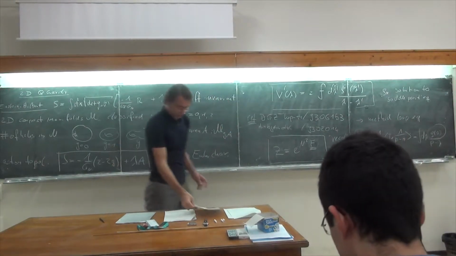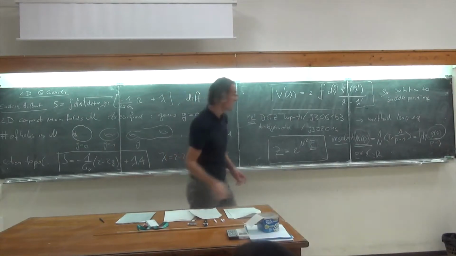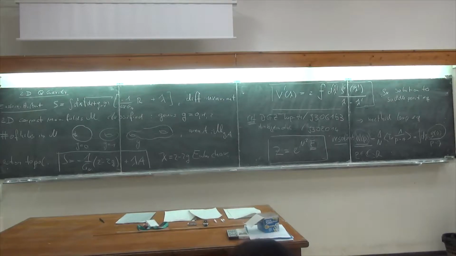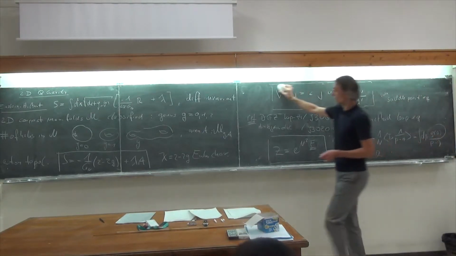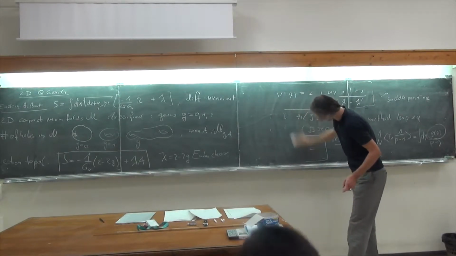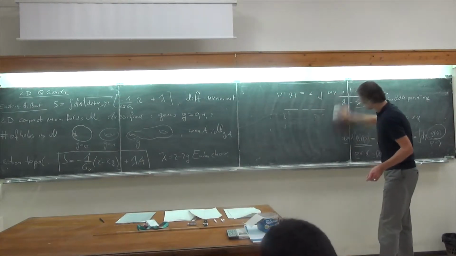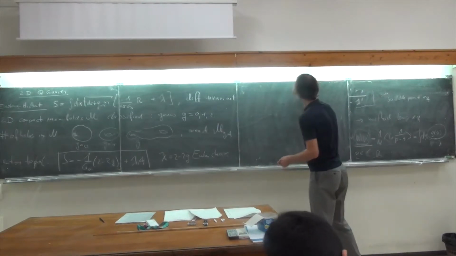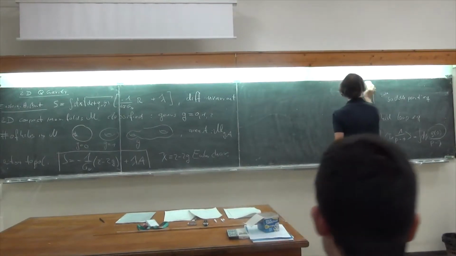So, in a naive approach, we could now say, okay, let's just write down this classical theory and then define a path integral over that, and that will give us a quantum theory. So let me write down what that is, please, in a formal way.